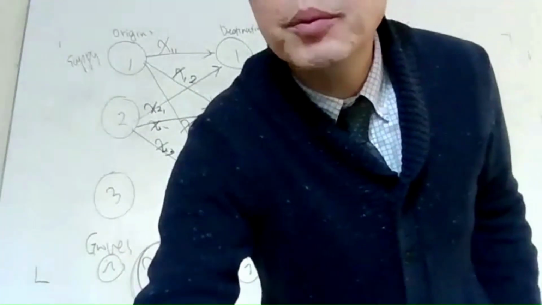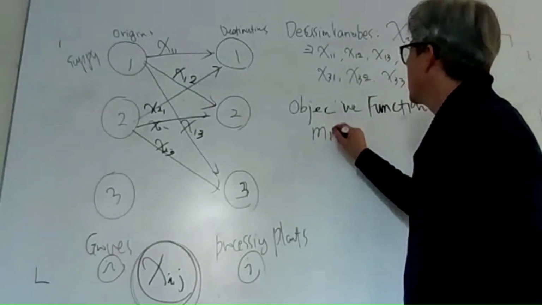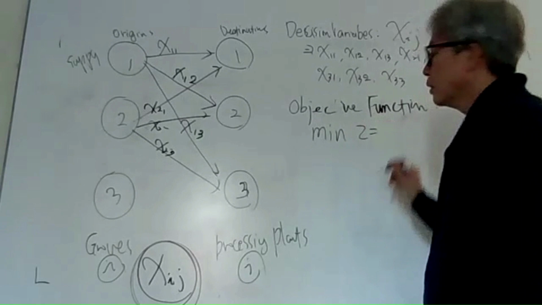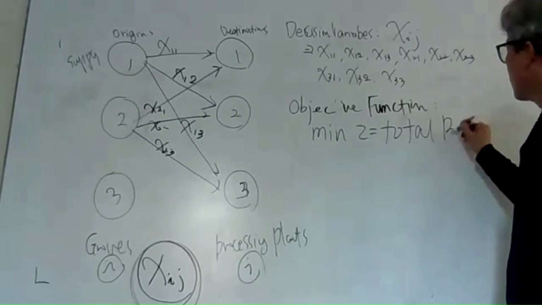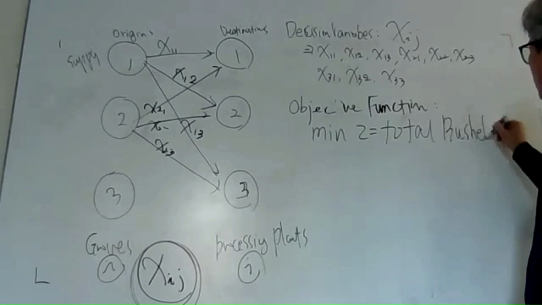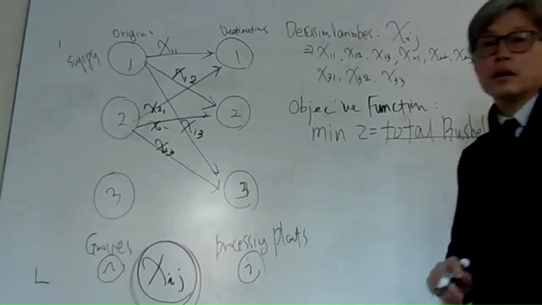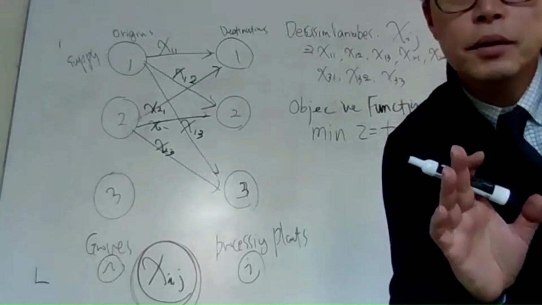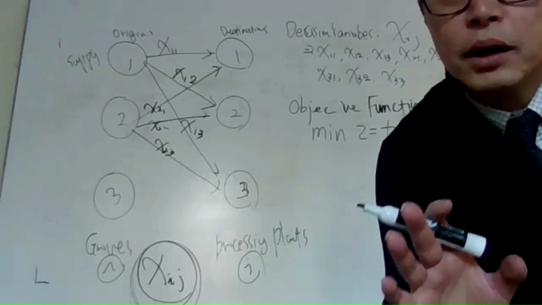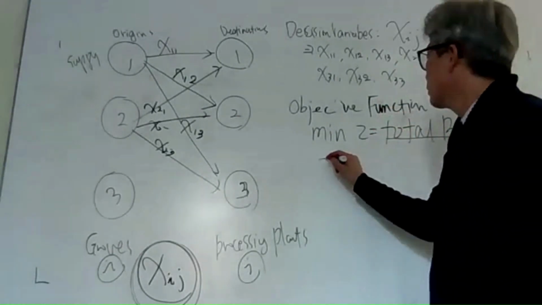From this example, minimize total bushel miles. So from Mount Dora to Ocala is 21 miles. Right?